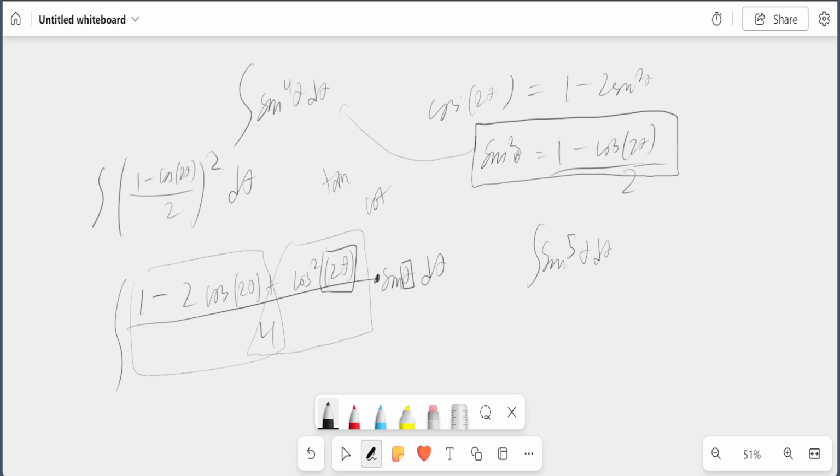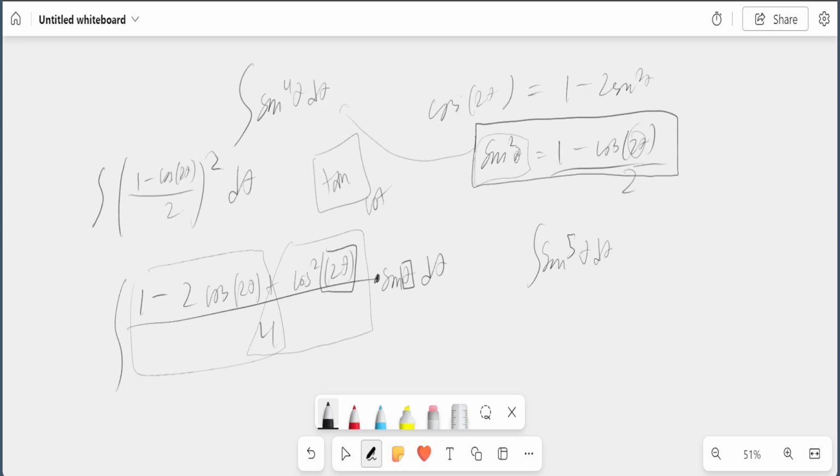I can try doing it, I just don't see how you would do it with this. I guess you could divide by cosine squared theta, but then again, you're mixing 2 theta and theta. So yeah, it's only when it's sine and cosine to an even power.